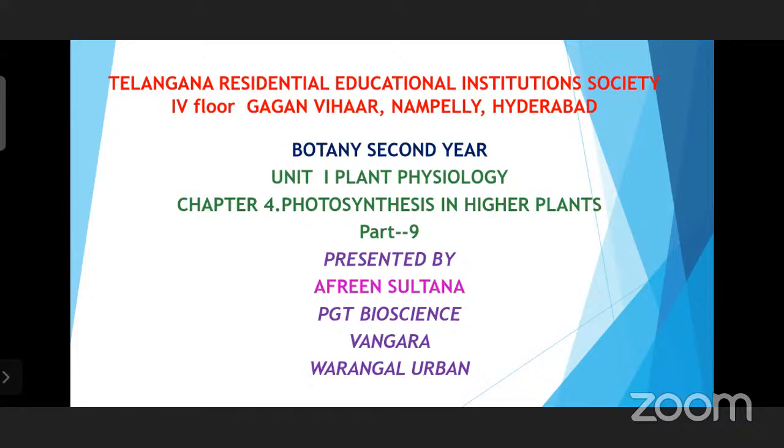You already learned the differences between C3 plants and C4 plants. So overall, the concept of photosynthesis in higher plants is learned by you, but there is still one more part, the last part: the factors affecting the rate of photosynthesis, and how these factors have an effect on the rate of photosynthesis. Let us understand this concept today.